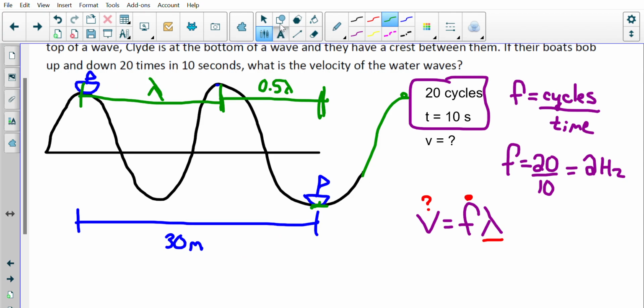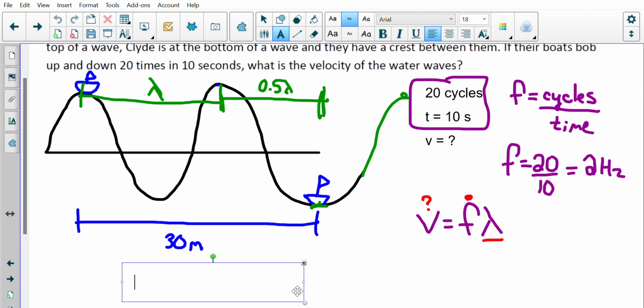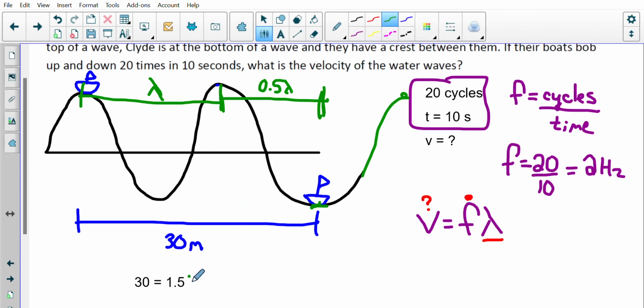And so, therefore, 30 meters is equal to one wavelength plus another half of a wavelength, so 1.5 wavelengths. Because again, from a crest to the bottom, that's half a wavelength, but crest to crest is a full wavelength.